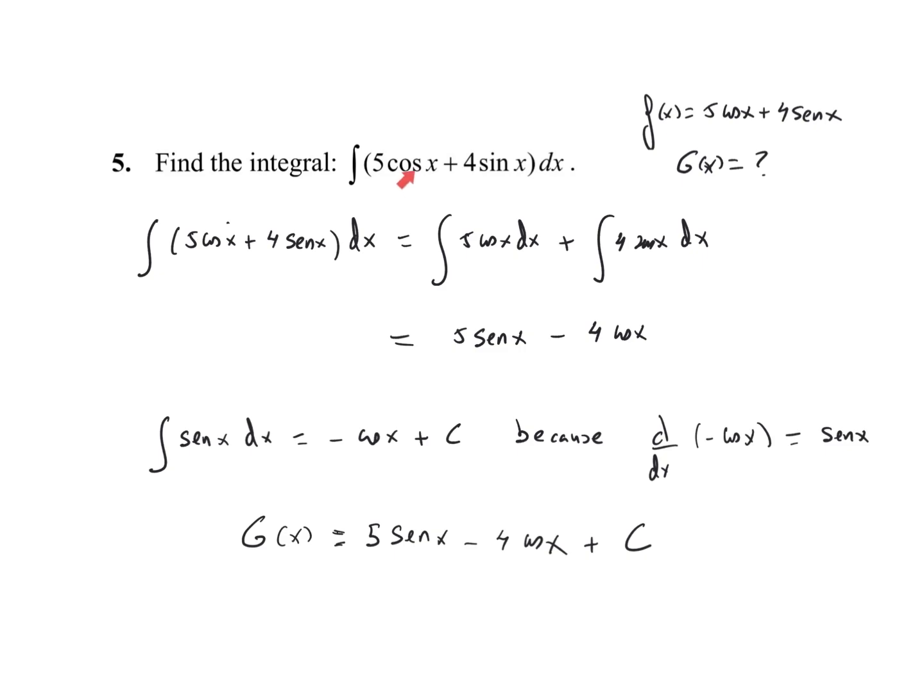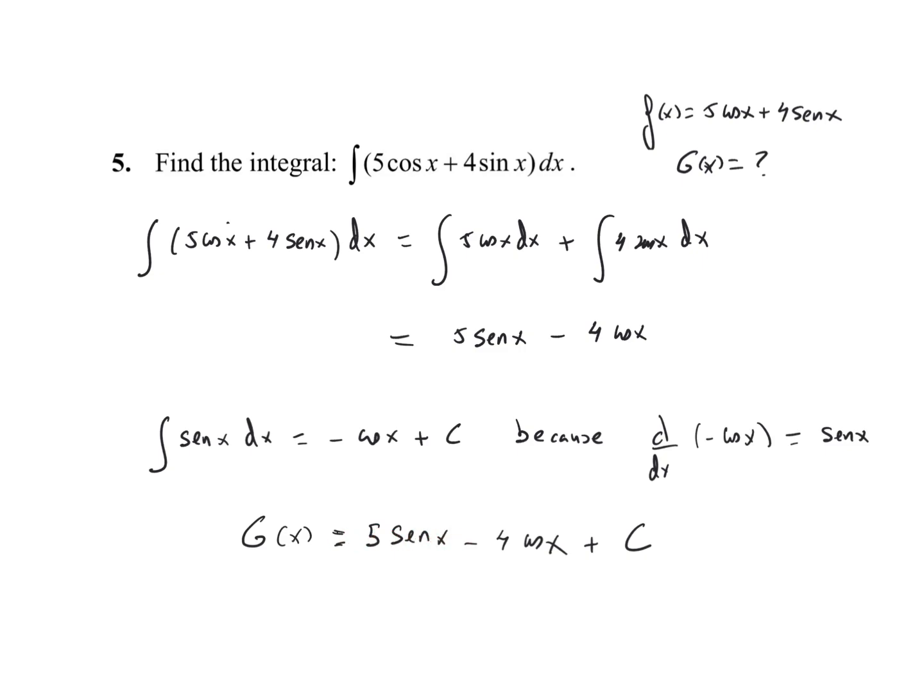The integral of cosine of x, or the antiderivative of cosine of x, is sine of x. And the antiderivative of sine of x is minus cosine of x. So see how we did, and check that g of x will be this function.